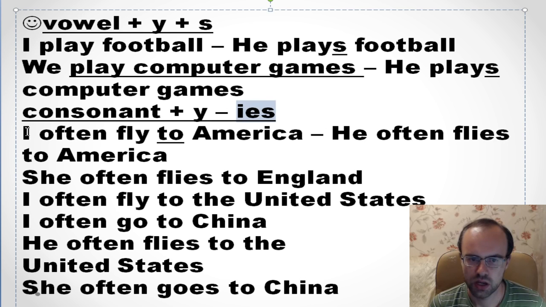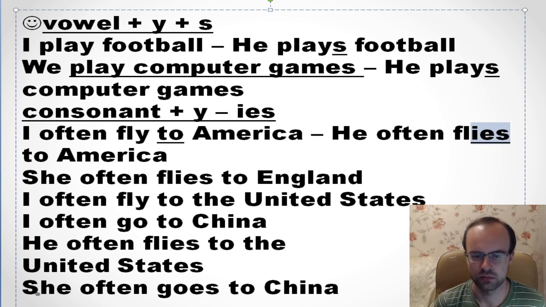Look, I often fly to America, so l is a consonant, and you say he flies. He flies to America.